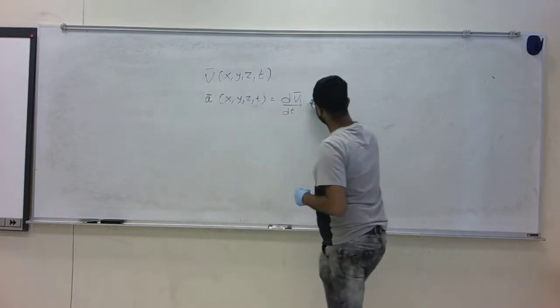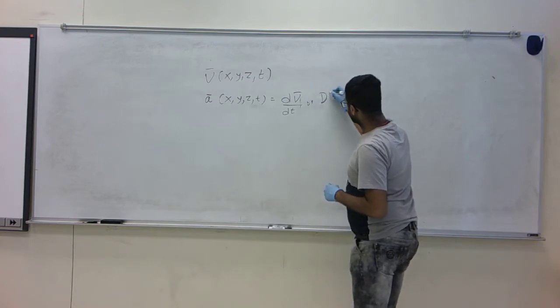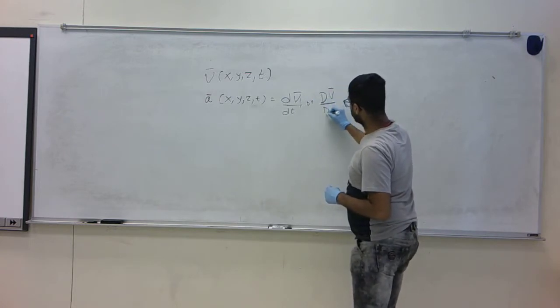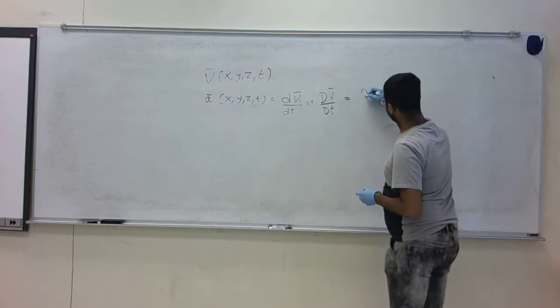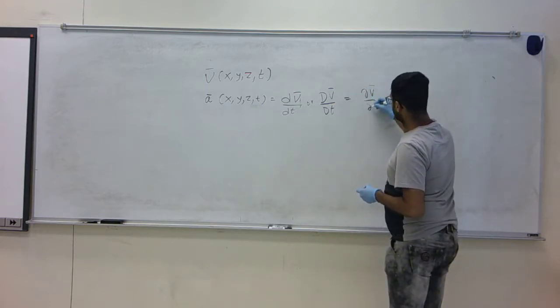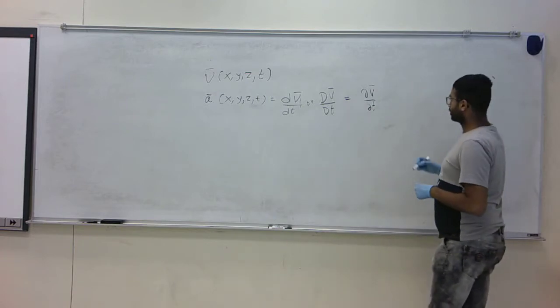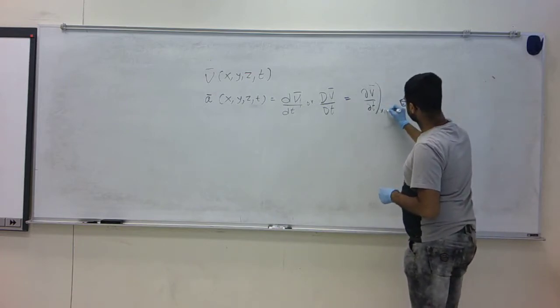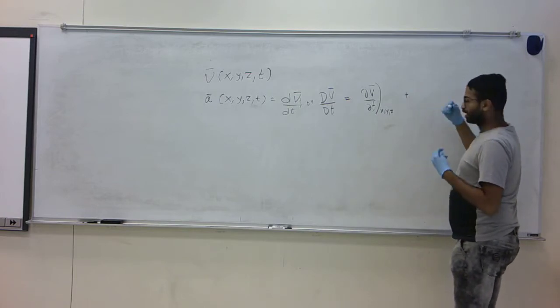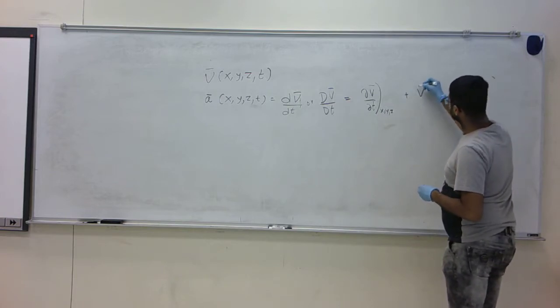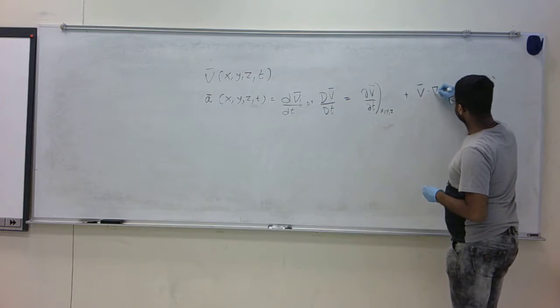Some textbooks will write the total derivative as Dv over Dt, uppercase, and this is equal to an unsteady component, partial v over partial t at a given point, and then a convective or an advective component, which is v dot del of v.